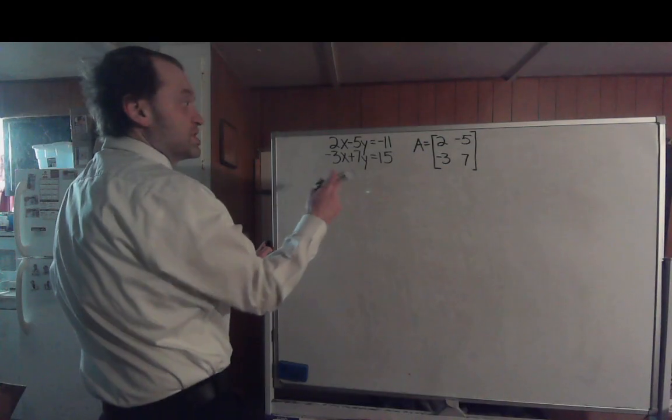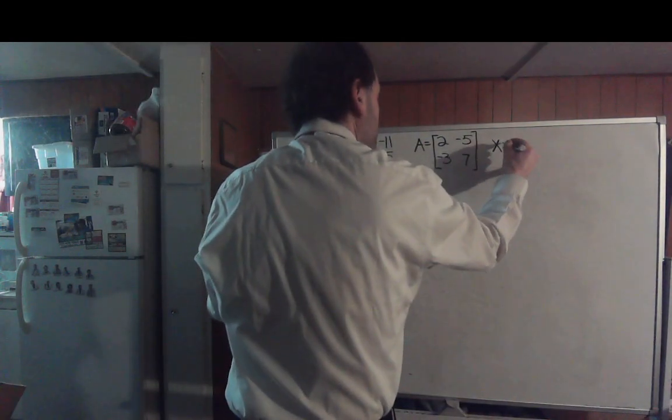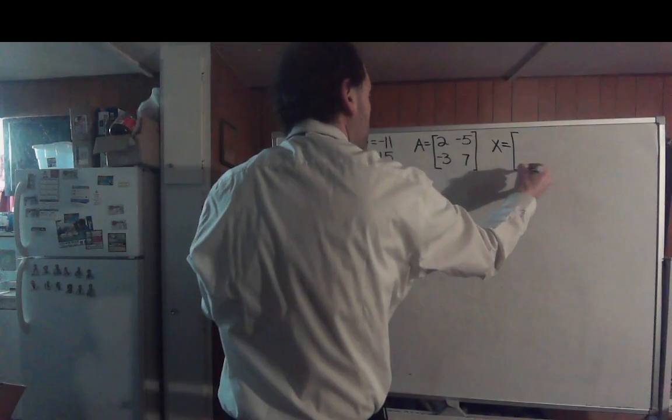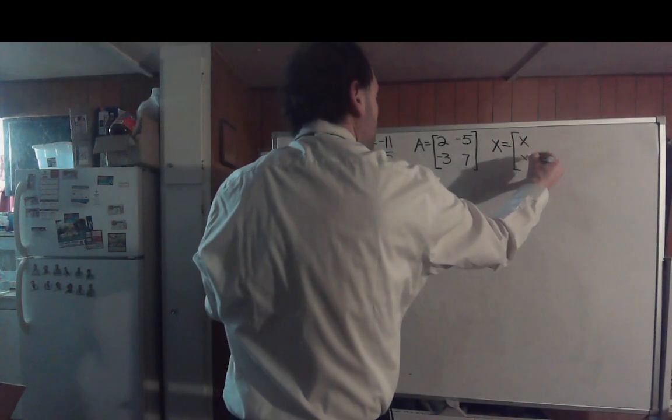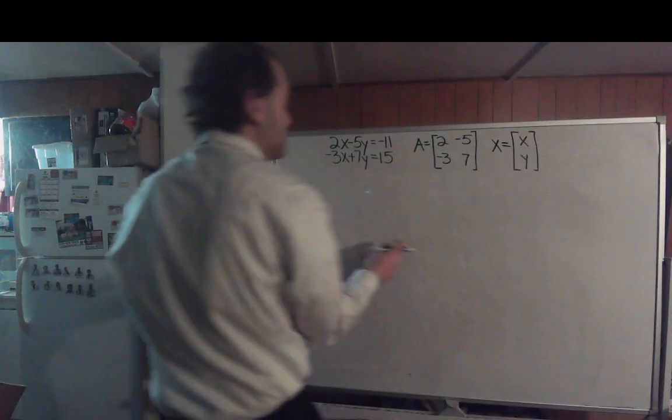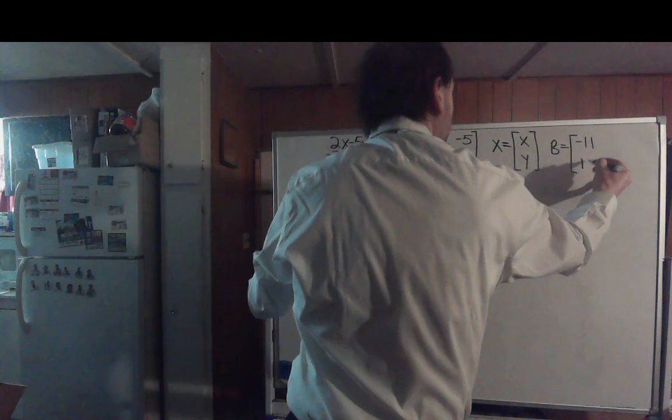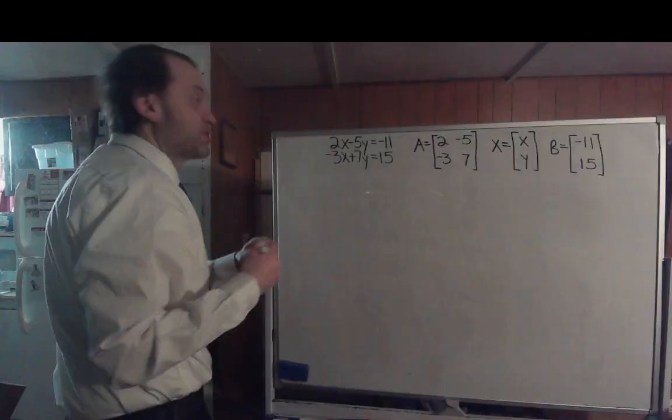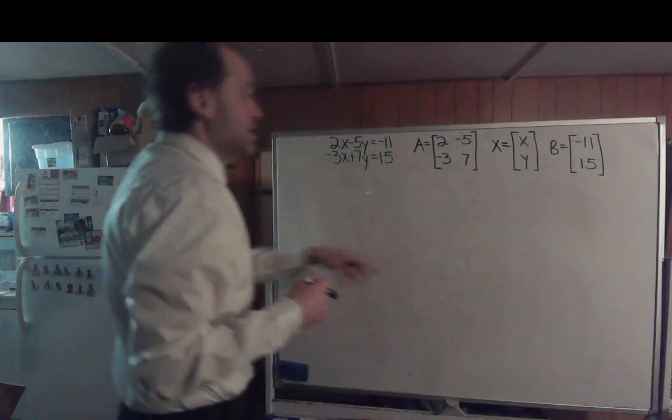So there's matrix A. Matrix X is just simply going to be a 2 by 1 with variables x and y. And then matrix B will be everything to the right of the equal signs, another 2 by 1 matrix. So it'll be negative 11 and 15. Alright, so we formed our three separate matrices.